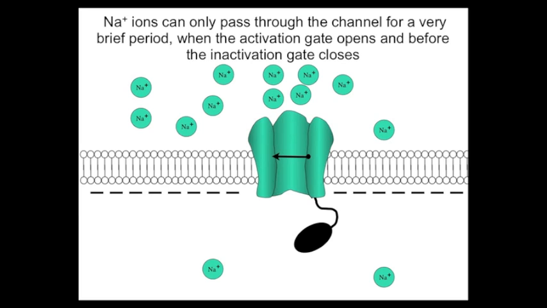But the sodium ions can only pass through the channel for a very brief period when the activation gate opens and before the inactivation gate closes. And during that brief period, the membrane potential is driven to the sodium equilibrium potential, plus 55 millivolts.